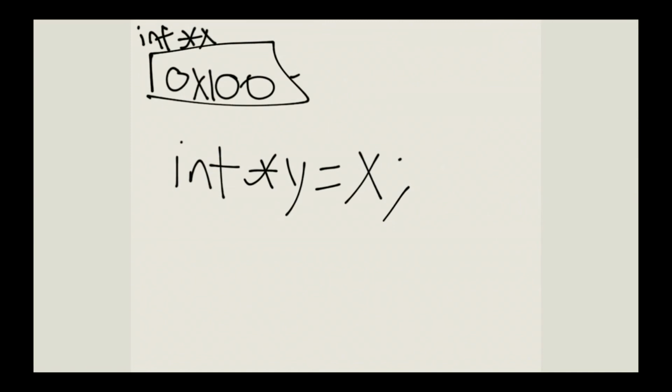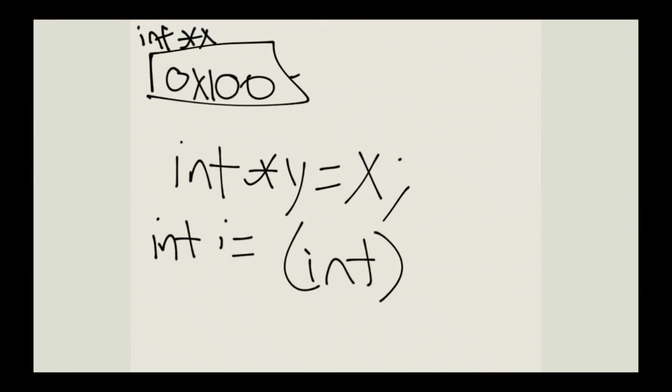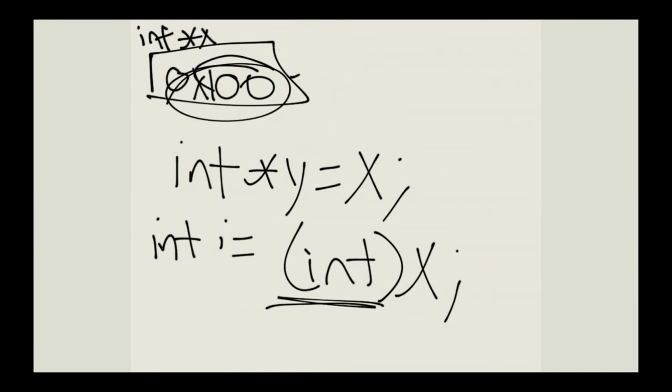And if I say int i equals casting x to an integer, then i is going to store whatever the value 0x100 is inside of it, but it's now interpreted as an integer instead of a pointer. But you need the cast or else it will complain.